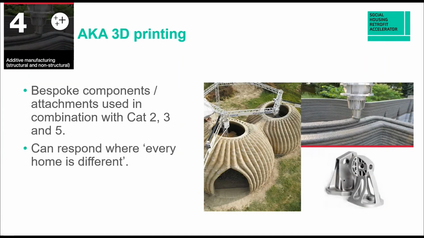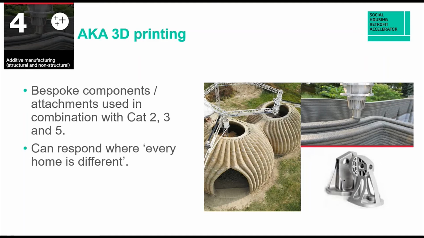Category 4 is additive manufacturing, commonly known as 3D printing. In terms of housing, you might have seen videos or images of whole homes being 3D printed in concrete, like the top right picture. But the relevant application in retrofit is much more likely to be 3D printing of bespoke components or attachments that could be used in combination with category 2, 3 or 5.